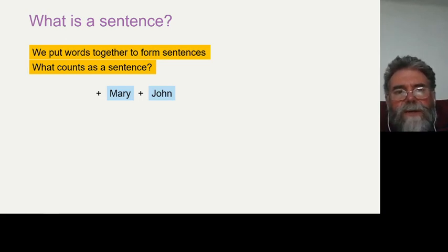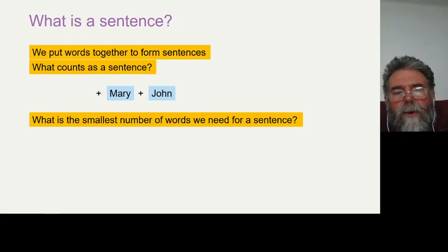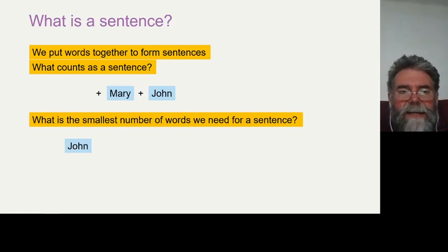So one question that we could ask that might take us some steps forward into understanding what exactly a sentence is: what's the smallest number of words we need to create a sentence? It's fairly obvious that one word by itself isn't enough to create a sentence. So John, for example, isn't a sentence, and neither is slept. But if we put those two words together, we do get something that I think we can accept as being a sentence.